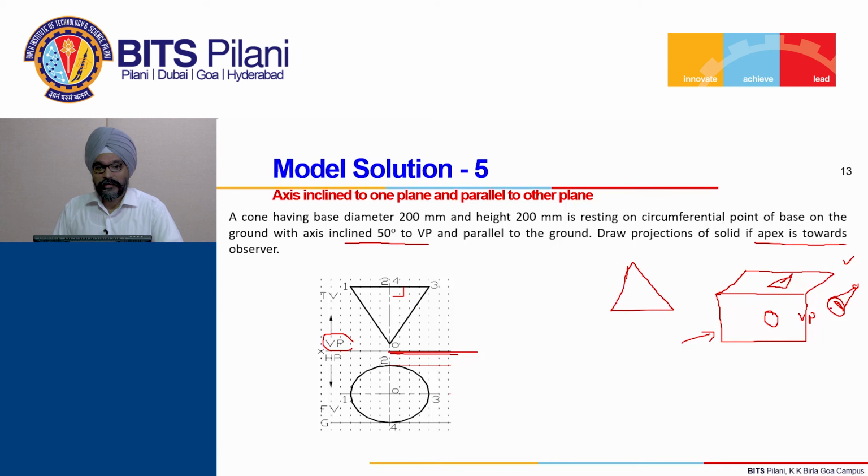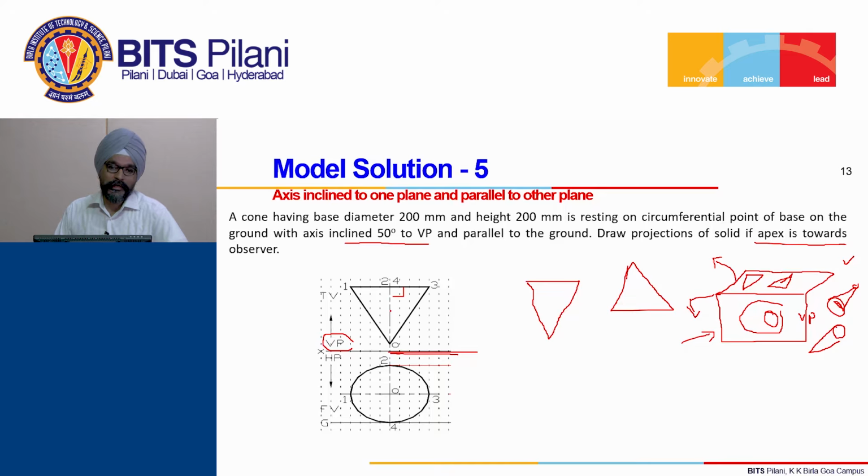But in the given position, when the apex is towards the observer, the cone is actually like this, and due to that, the top view is finally appearing as inverted triangles, because as per our convention, we rotate this HP in such a way that the front view will remain below XY line and top view will go above the XY line.